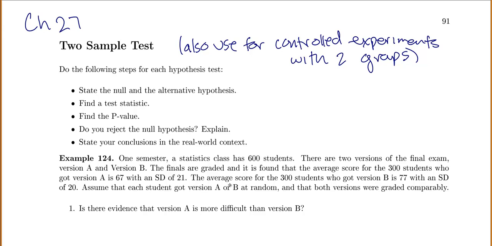Assume that each student got version A or B at random, and that both versions were graded comparably. So this is actually one where you can think of it as a controlled experiment with the 2 groups, because they had the entire statistics class, and then everyone in there was randomly assigned to the version A group or the version B group. Now we want to compare and see which version was harder.